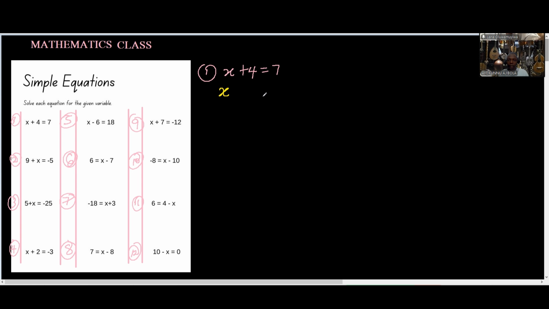So x should be alone, then 7 is alone, then the 4 is going to the side of the 7. The 4 was positive, it will become negative. Then we have x equals 7 minus 4, which is 3. Is this clear to you?